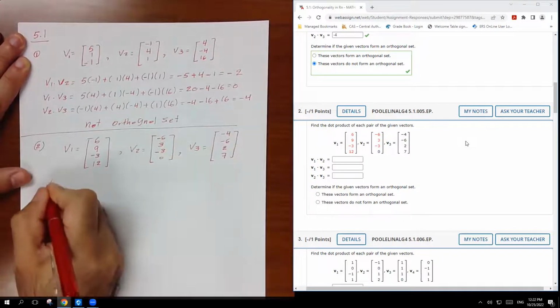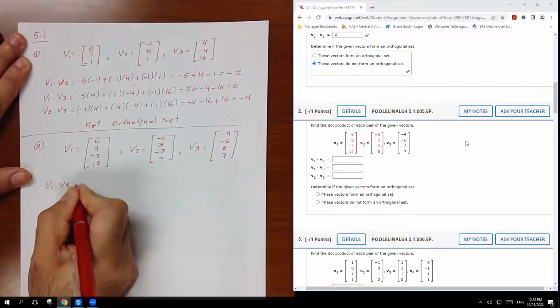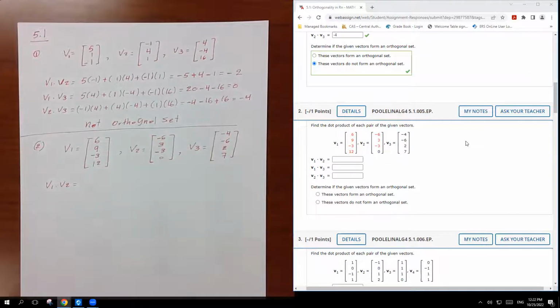That means v1 times v2, the dot product between v1 and v2.